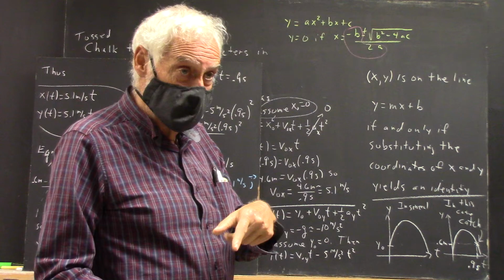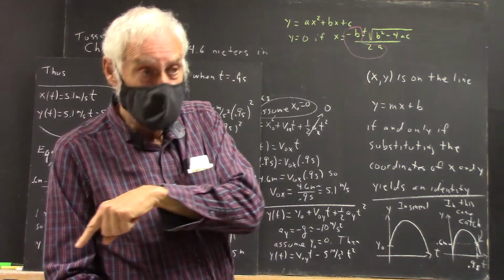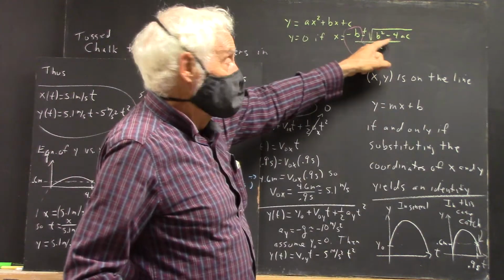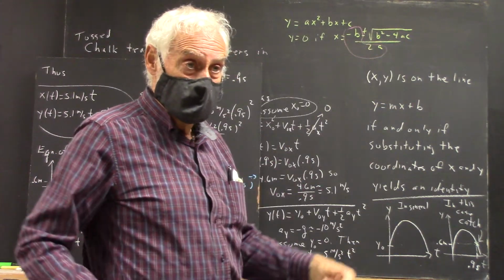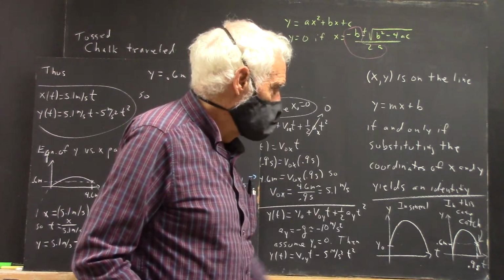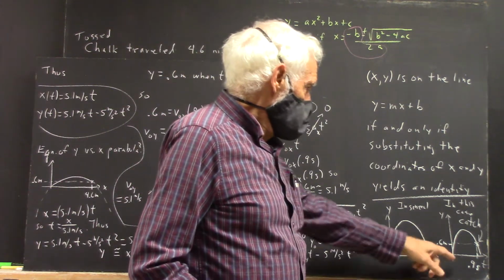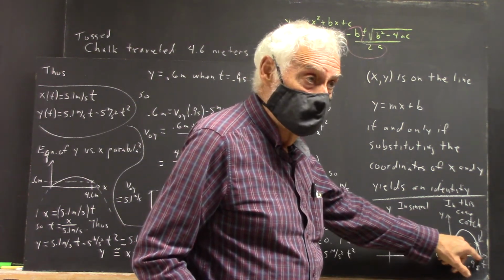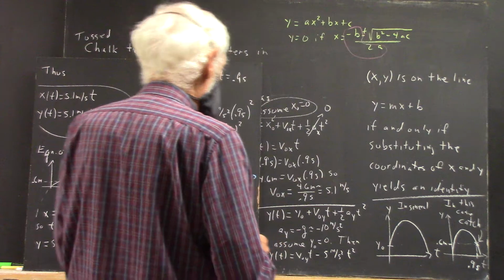Here's negative b. Here's negative b plus the square root. Here's negative b minus the square root. They're at equal distances because it's the same number, right? So negative b is right halfway in between them. And by the symmetry of a parabola, the vertex is halfway between the zeros.